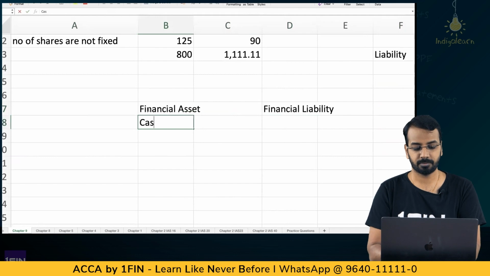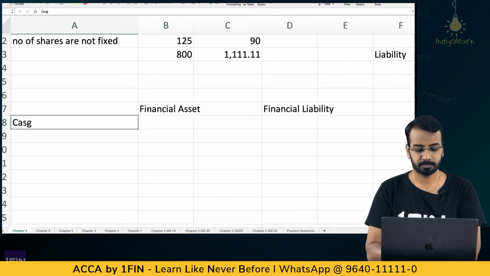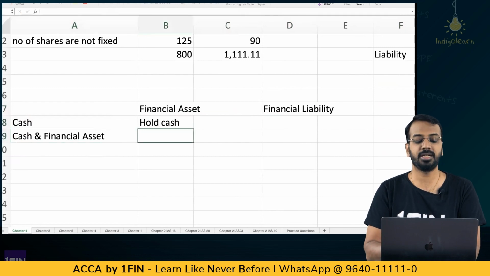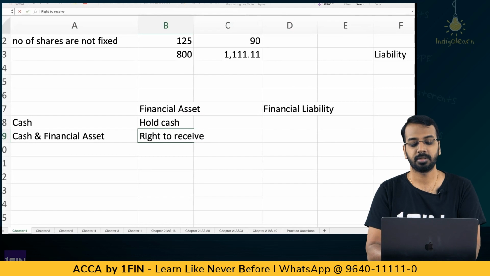Financial asset is cash. You hold cash. Then, cash or any other financial asset if you have right to receive. And here it is obligation to deliver.